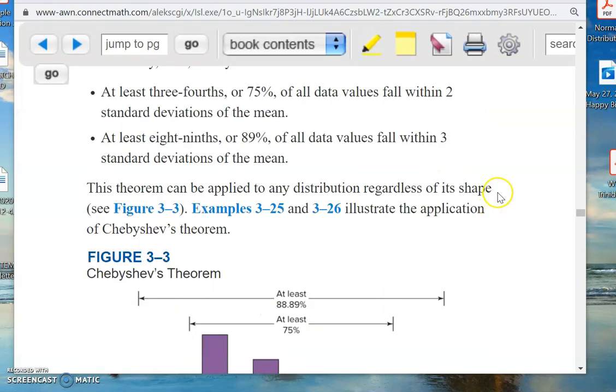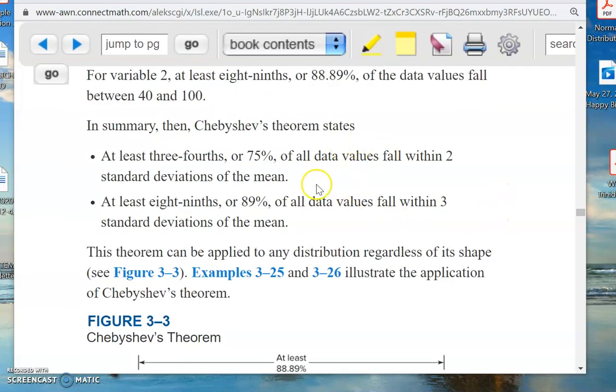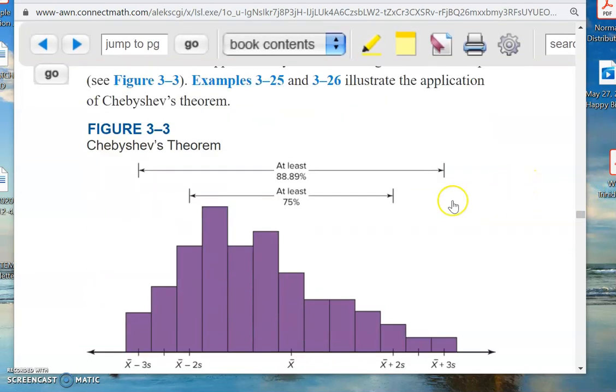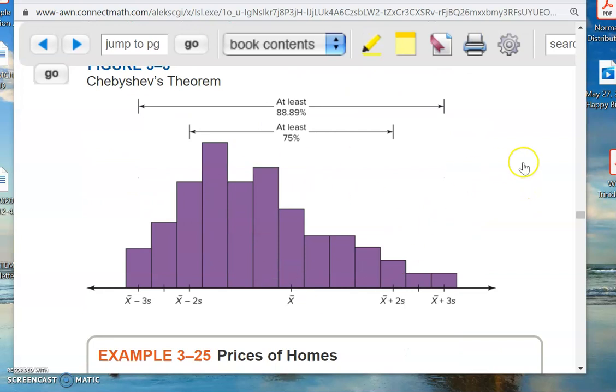So if you crank out these numbers, you say, well, within 2 standard deviations, within 3 standard deviations, how much of the data is going to be there? Here's an arbitrary distribution. It doesn't have to be a nice, well-behaved distribution. It doesn't have to be bell-shaped. It's any distribution.